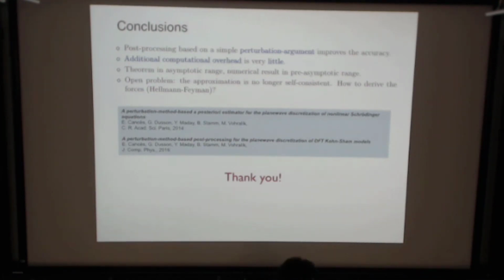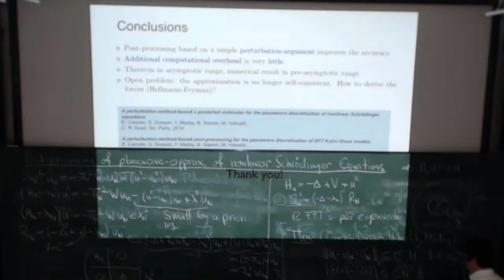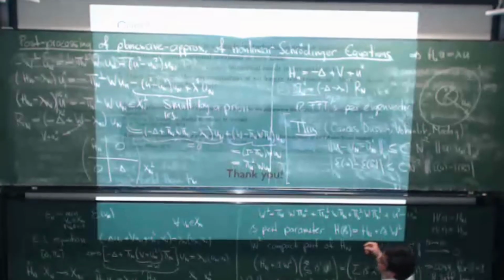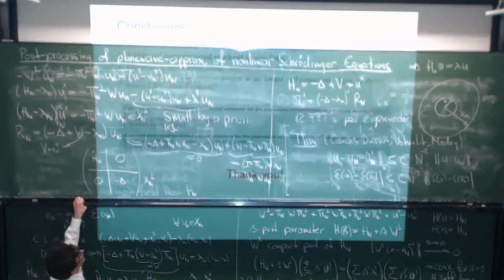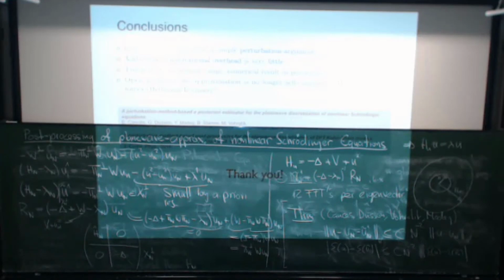And that we use in order to justify these terms here. Somewhere I said that the things are small and therefore we neglect them up there. Small by a priori results, and that's exactly the reference you're mentioning.